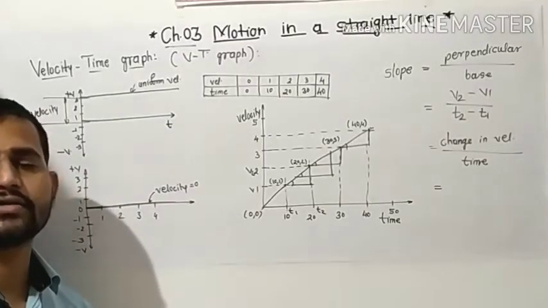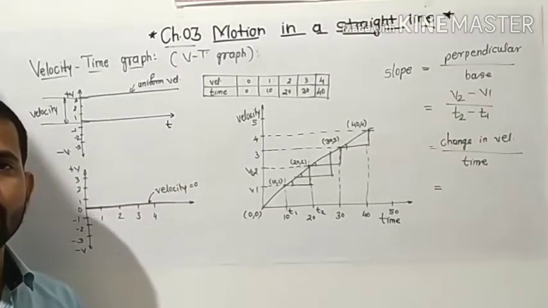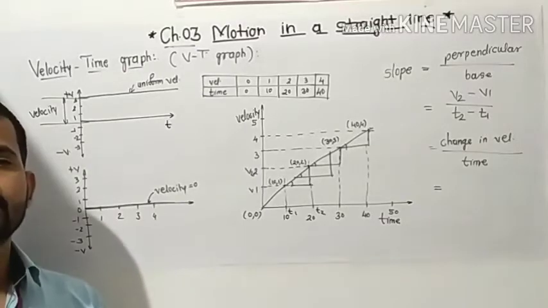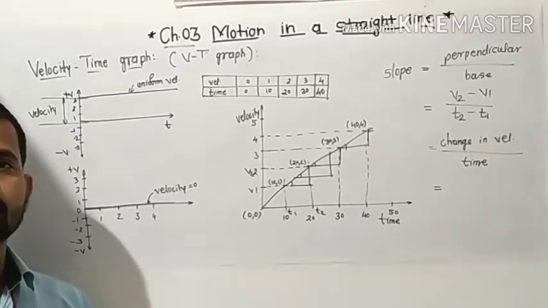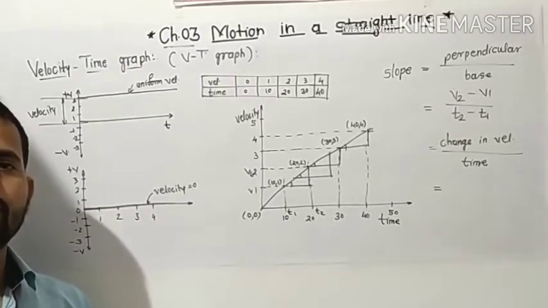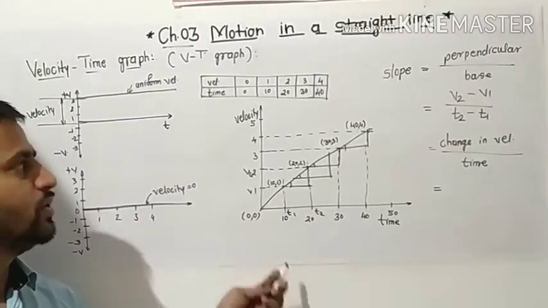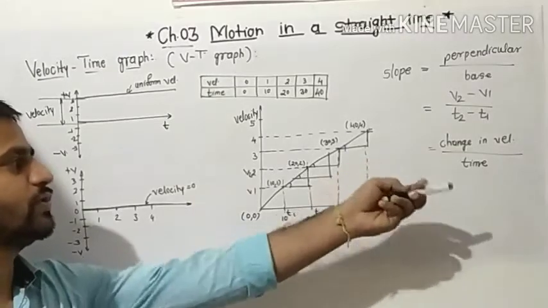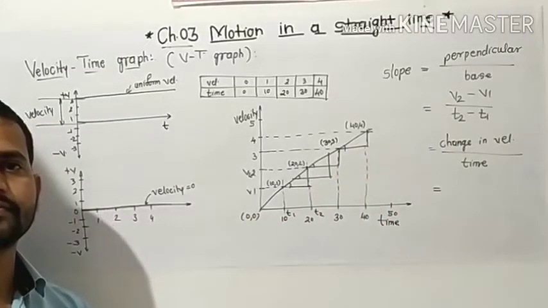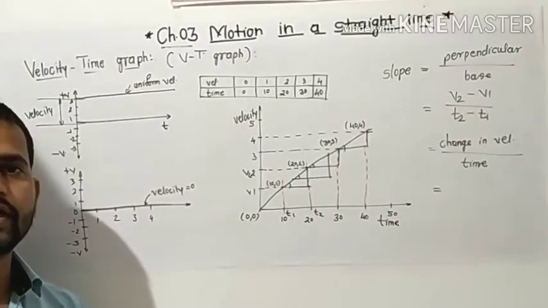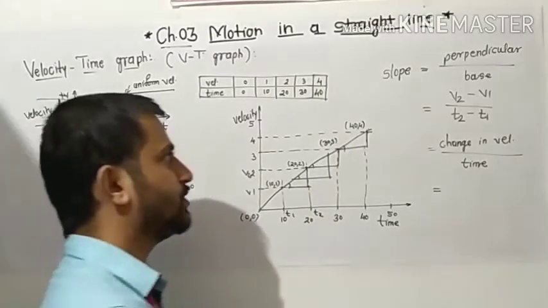We studied in accelerated motion that acceleration is calculated as the time rate of change of velocity, the rate of change of velocity with respect to time. That is nothing but the acceleration. The slope of the VT curve will give us the value of acceleration.